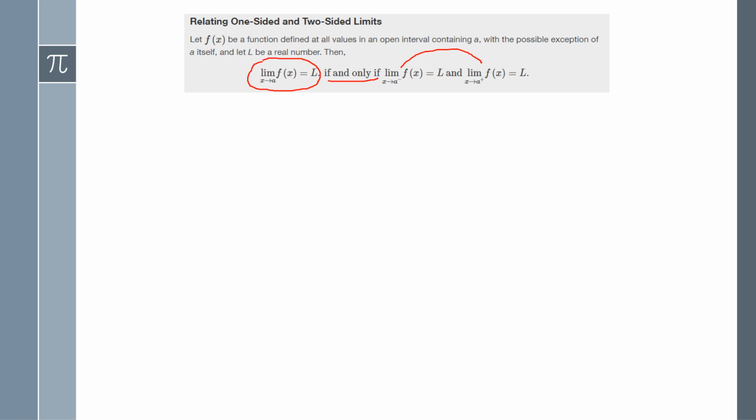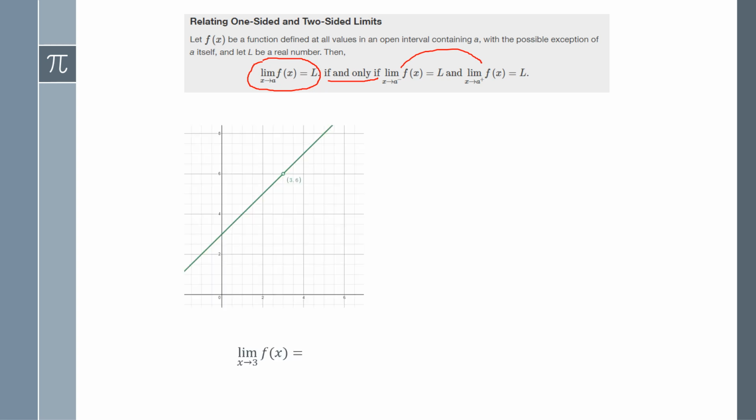We have seen an example where we had the two one-sided limits and they were the same value. Here is the example that I'm referring to. We have this line where we have one point where the function is undefined, that is x is equal to 3. However, as we approach 3 from either side, left or right, we are approaching the same value of y, and that would be 6.